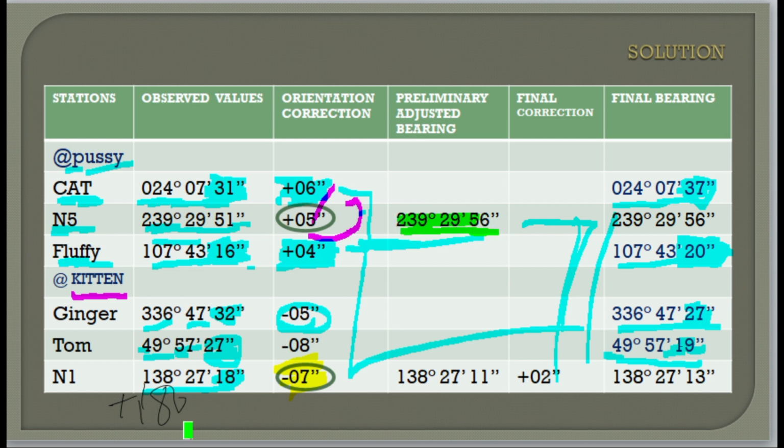So remember that. Then on our next part, from the kitten to N1, we'll add the observed value here, 138, 27, 18 minus 7 seconds. We'll get our preliminary adjusted bearings as 113, 27, 11.